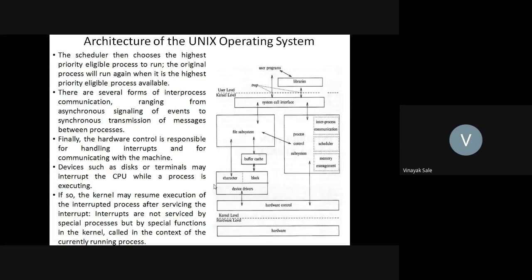If so, the kernel may resume execution of the interrupted process after handling the interrupt. The interrupts are not served by special processes but by special functions in the kernel, called in the context of the currently running process.